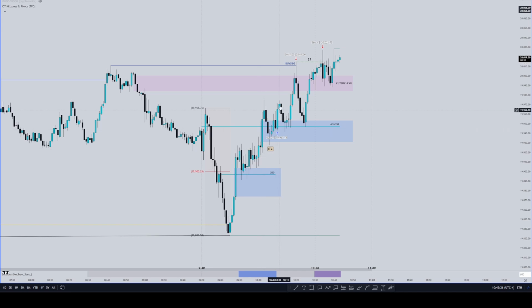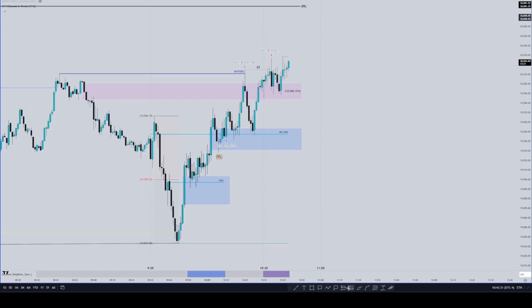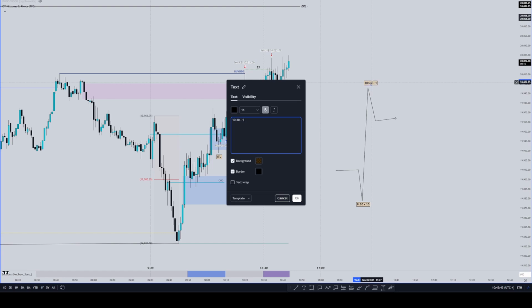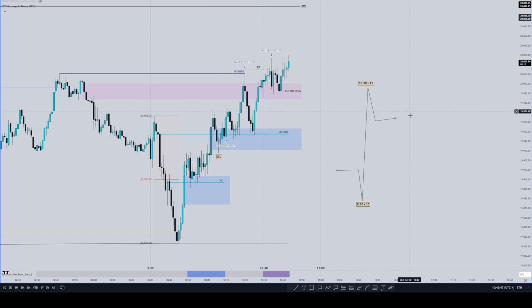Then obviously as we expand up, I'm looking for, because if you think about it, if we're bullish, this is the only profile we're looking for, preferably. So this has to be 9:30 to 10, and this has to be 10:30 to 11. If we get a reversal in here, I'm not expecting it to reverse again.